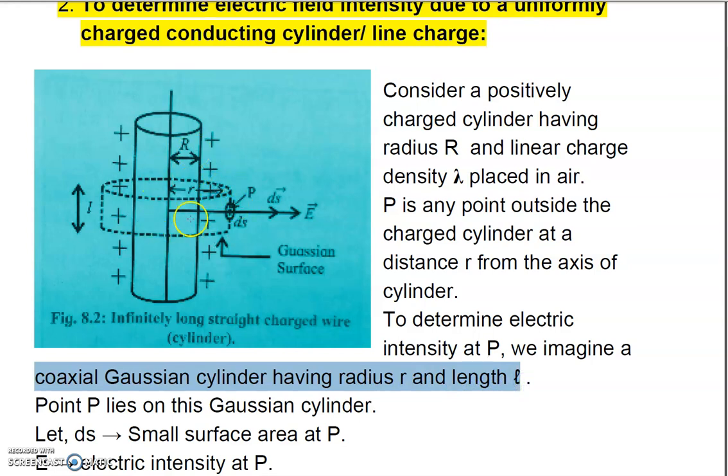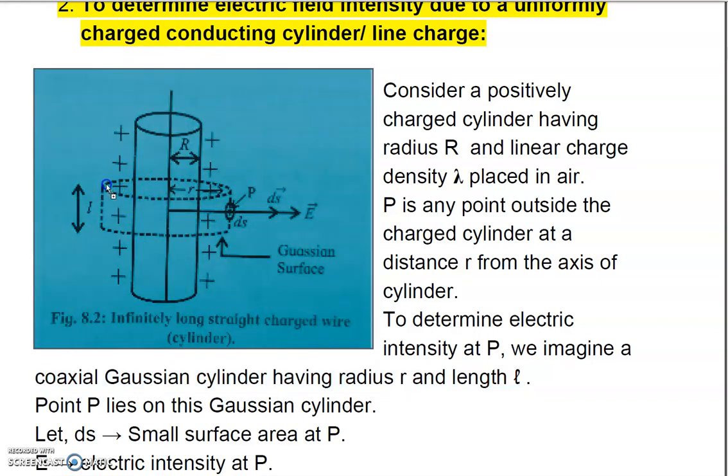In the previous case, we considered a concentric sphere as a Gaussian surface. Here, outside the cylinder, we will imagine another Gaussian cylinder, the radius of which is equal to small r, and the axis remains the same. That's why we are calling it coaxial.